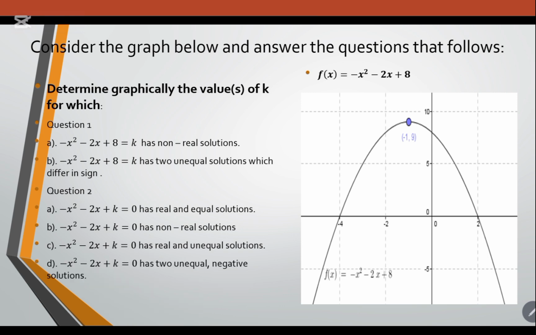Question 2d. They say negative x squared minus 2x plus k has two unequal negative solutions. Like we looked at earlier, we came across a boundary when we were looking for two unequal solutions.